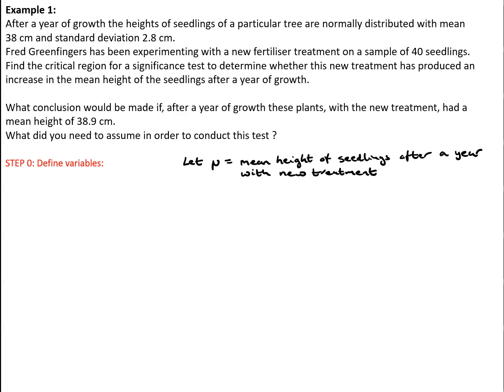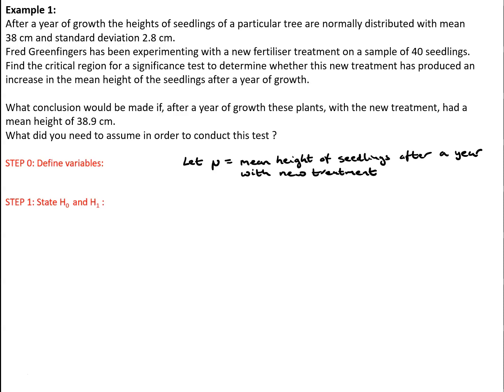What we are though trying to decide is whether from the significance test we can decide that mu is probably still 38 centimeters, or whether mu has increased from 38 centimeters.